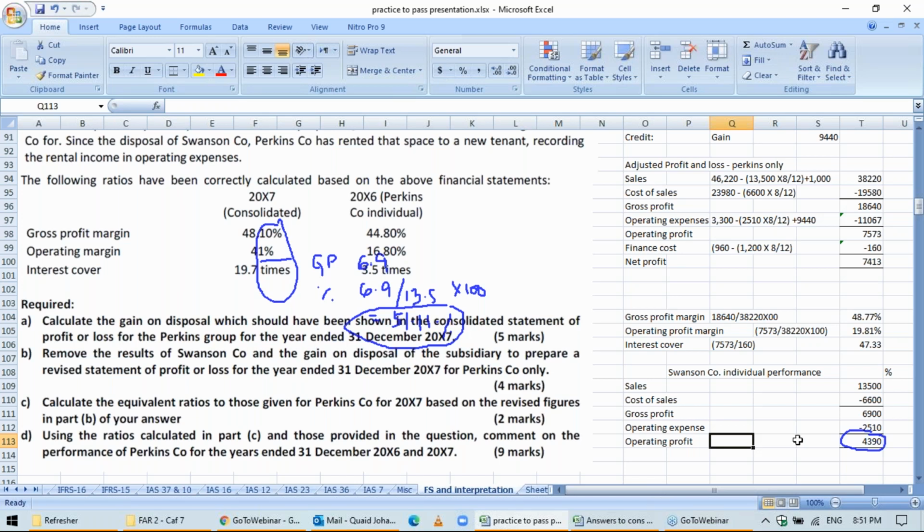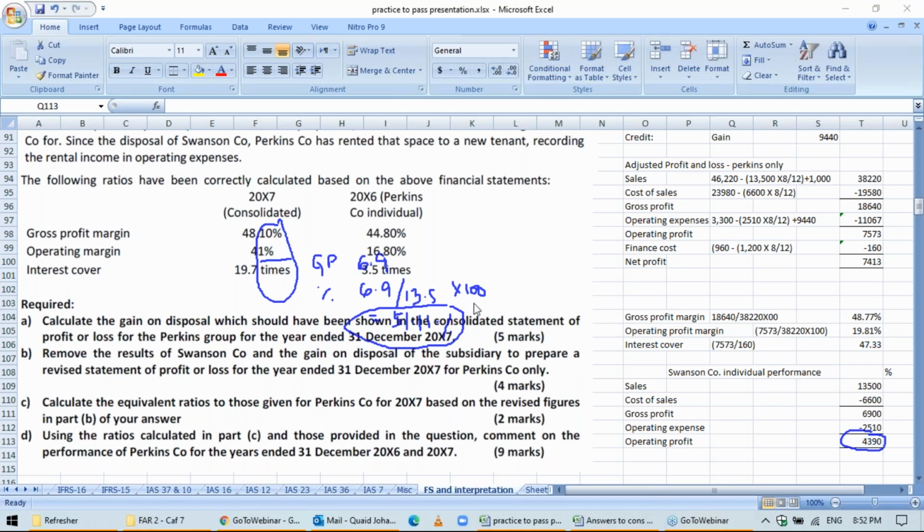But before I go on to that, let me first evaluate whether the disposal was the right decision or not, right? So let's calculate the percentages.